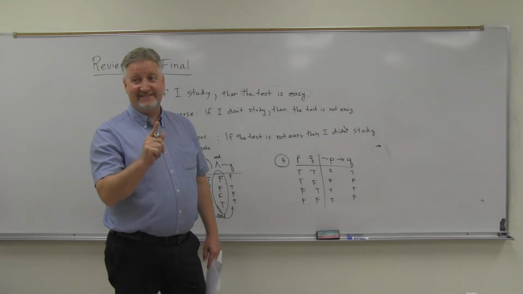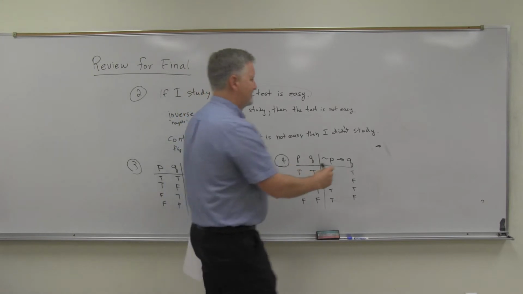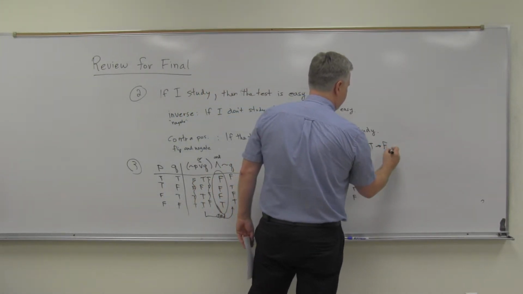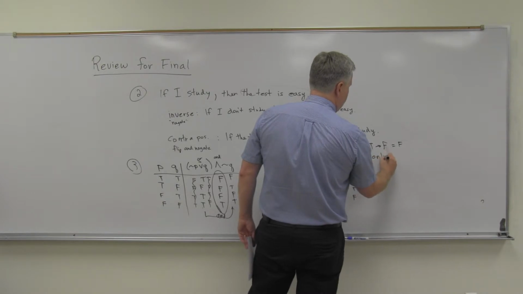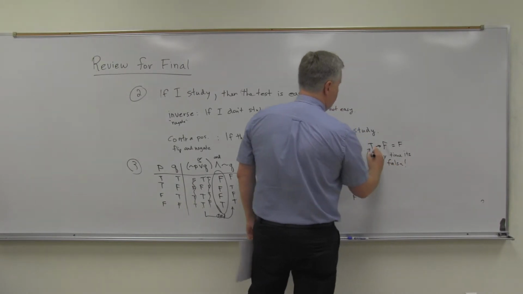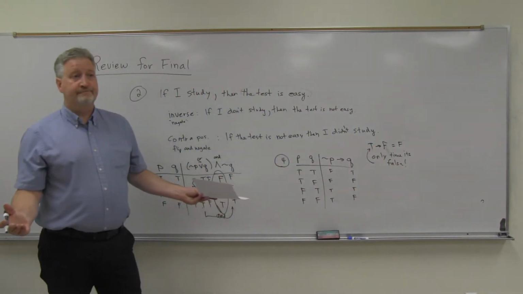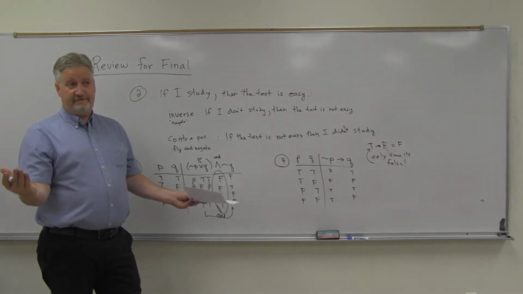Remember what it was? True arrow false. T arrow F, that's false. That's the only time it's false. Everything else is true. T arrow T is true, F arrow T is true, F arrow F is true.